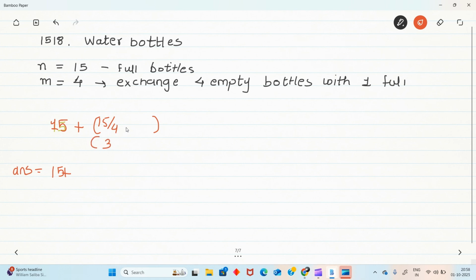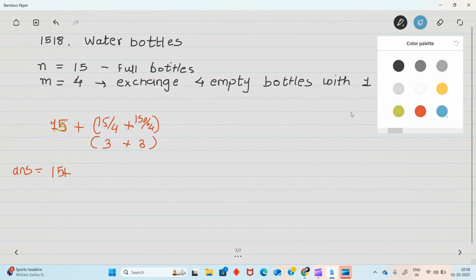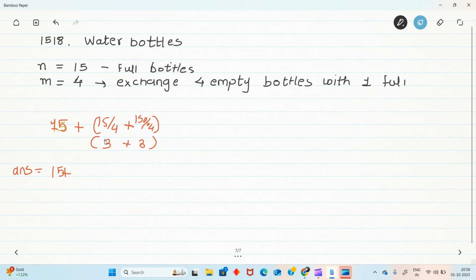So I can get 3 bottles, and the number of empty bottles left is 15 % 4, which is 3. So I got 3 bottles which are full, and 3 which are empty.